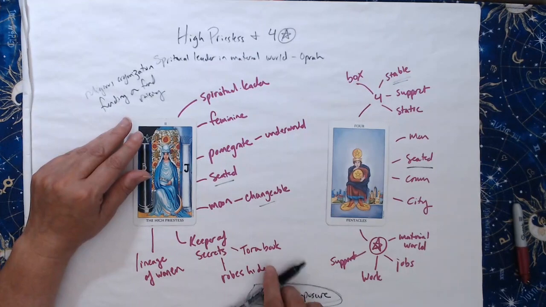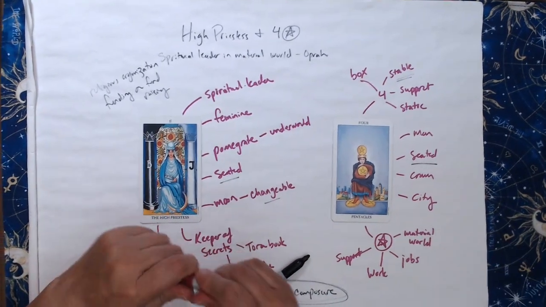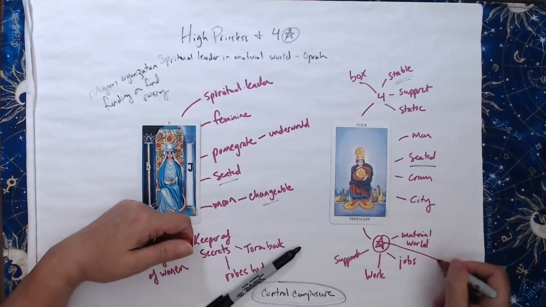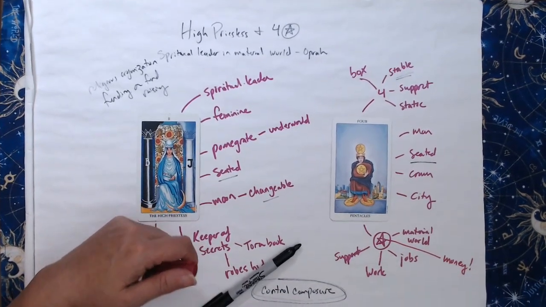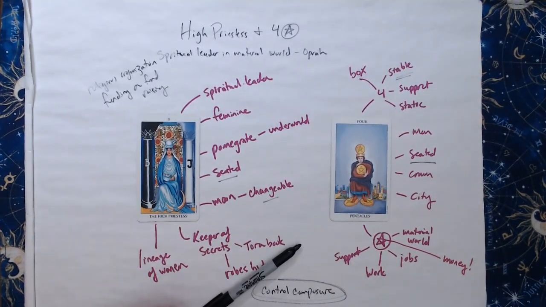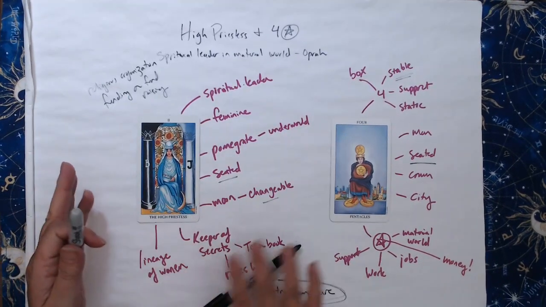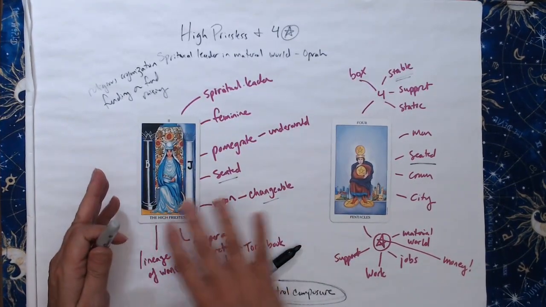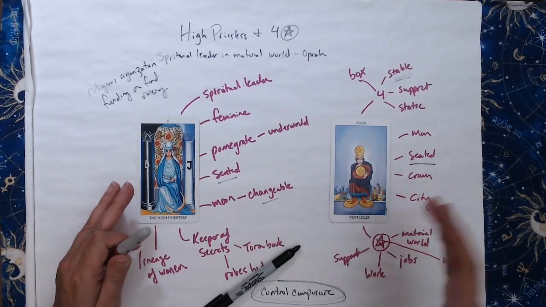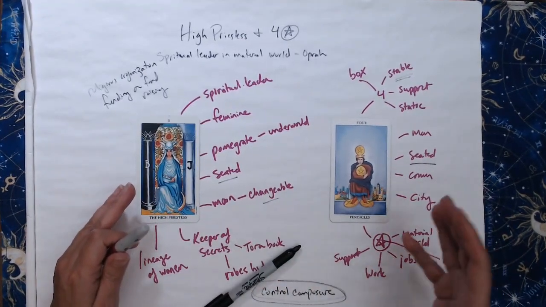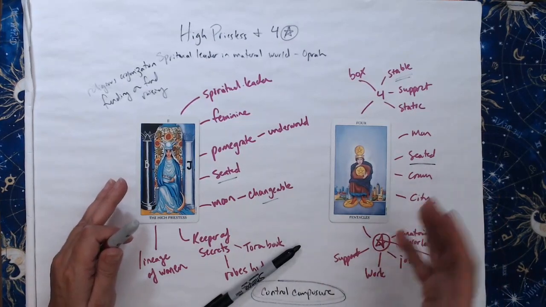I didn't even write money down. I don't know why I didn't do that. Money. That's one of the big pentacles things. Duh. Money. So it's the idea of this religious aspect wanting to interface and get money, get financial support, right? Are you kind of getting the idea here?